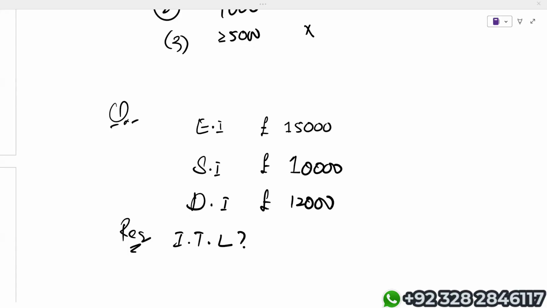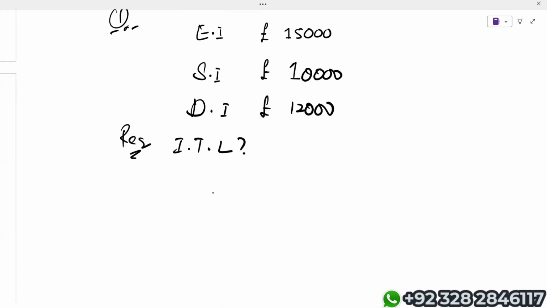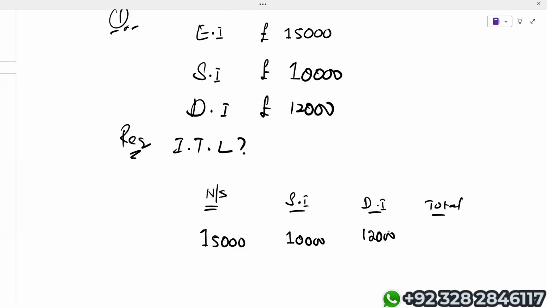Okay, let's try together. Non-saving, then saving income, dividend income, and then we have got total. Employment income, we know that is a non-saving income. I'm directly writing it. Saving income is 10,000. Dividend income is 12,000. So here comes the total is 37,000.